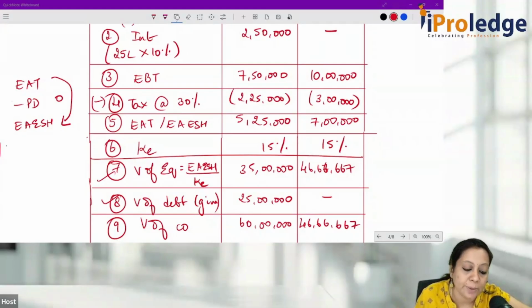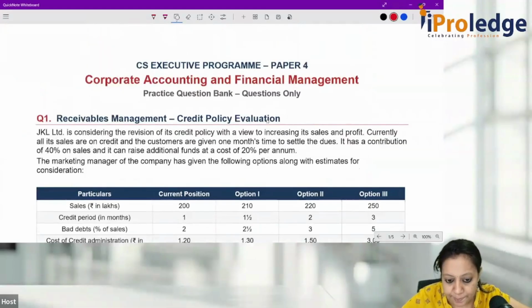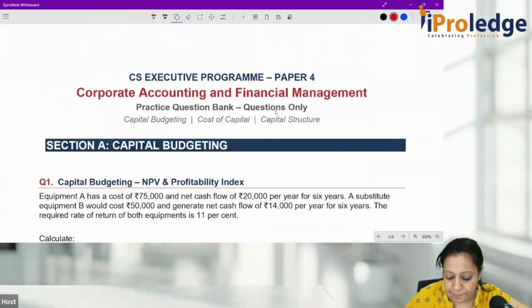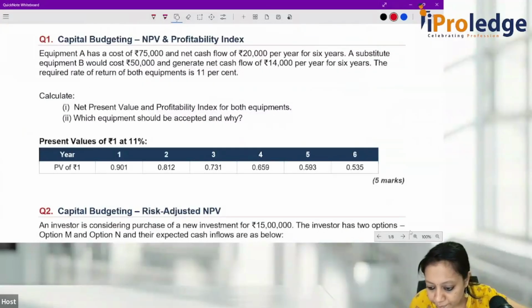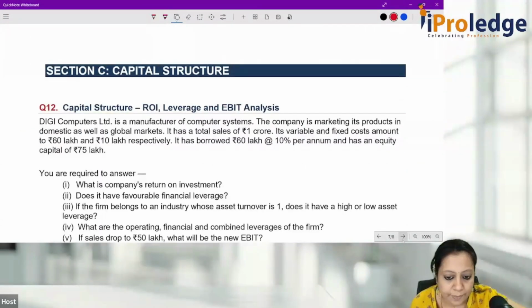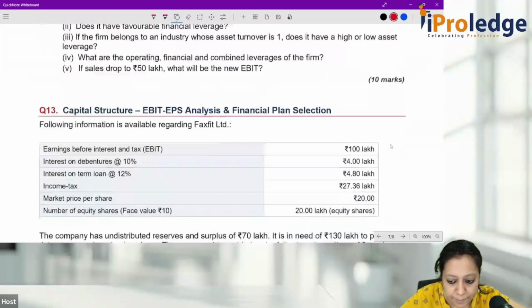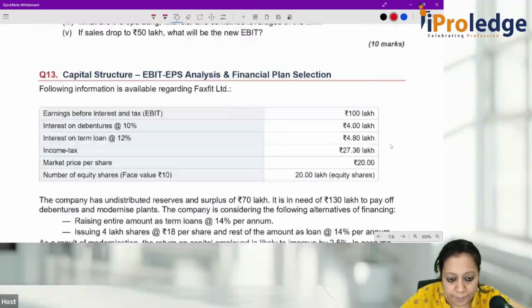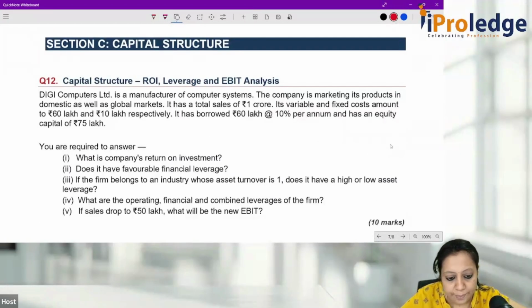So now we will proceed to our questions. So we can do this problem.